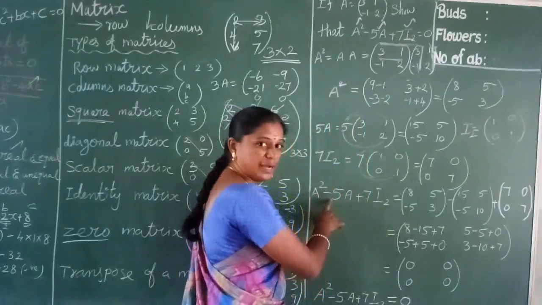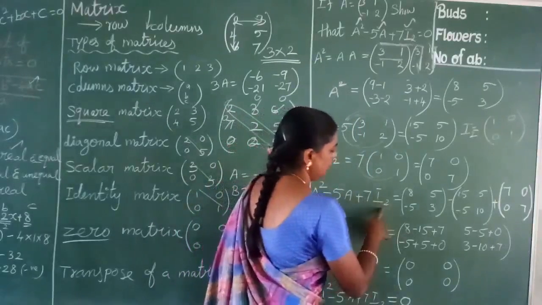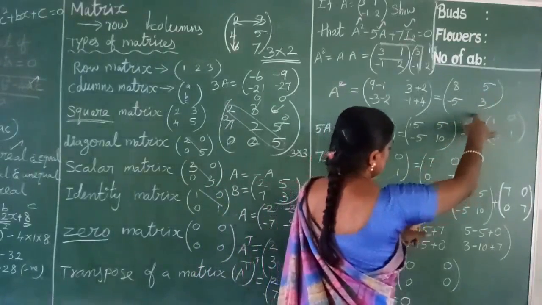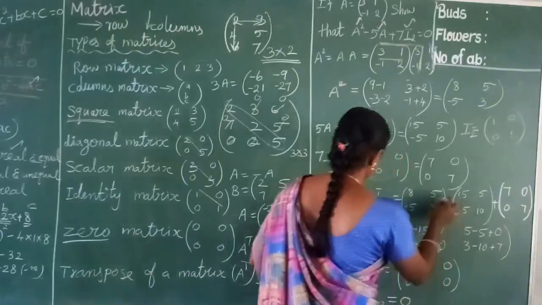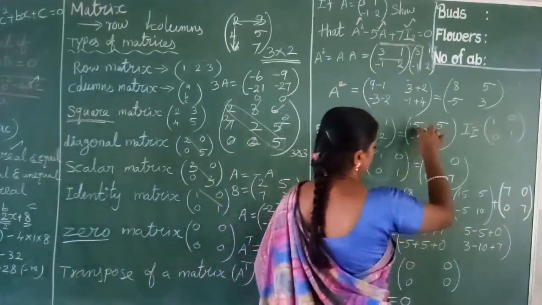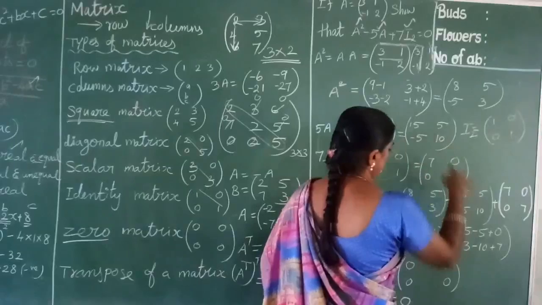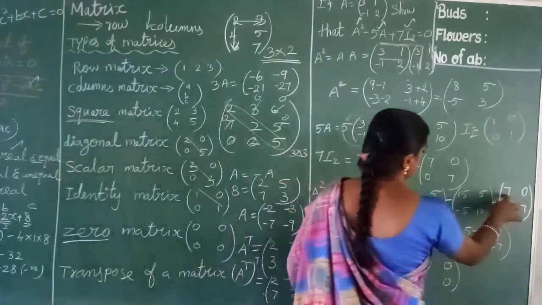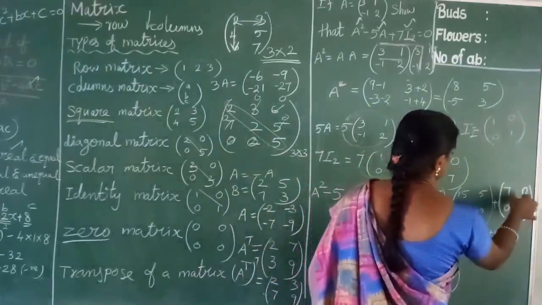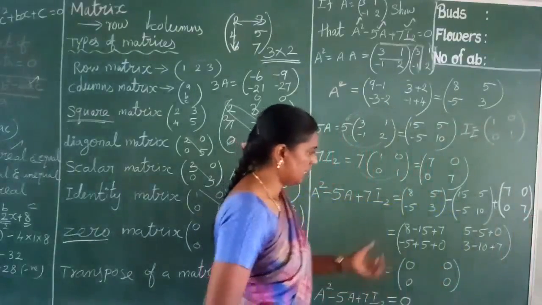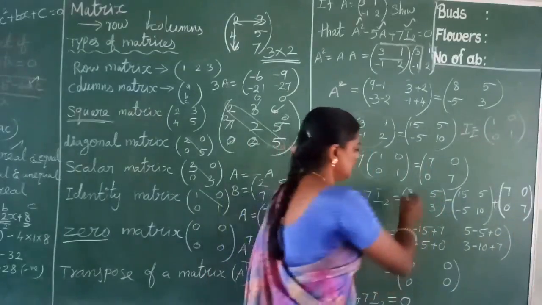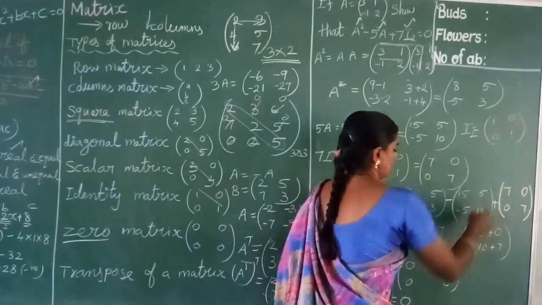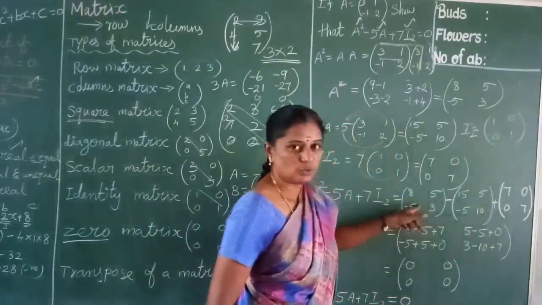So these three values you apply here in A square minus 5A plus 7I2. A squared is [8, 5; -5, 3], minus 5A is [15, 5; -5, 10], and 7I2 is [7, 0; 0, 7]. Write it, then addition: the same place we want to add, and the sign also we want to apply.